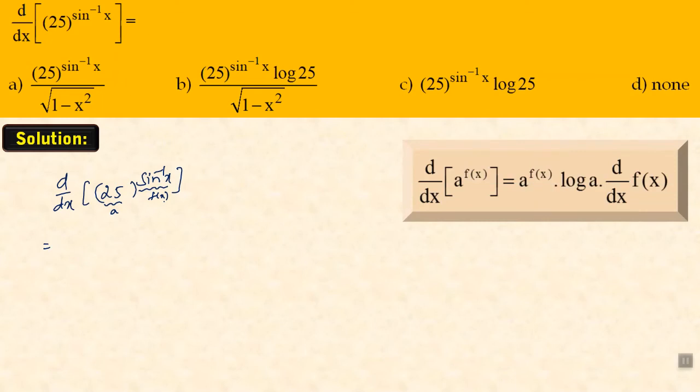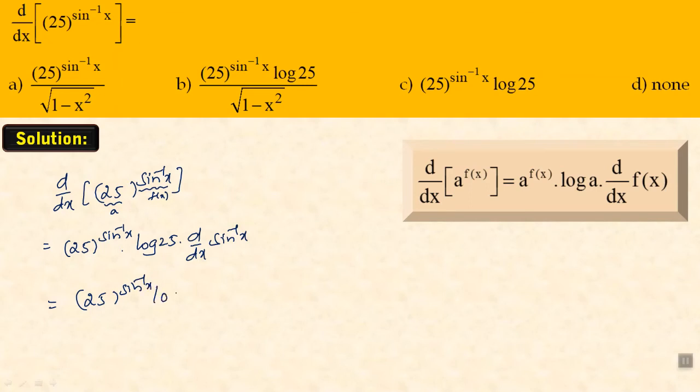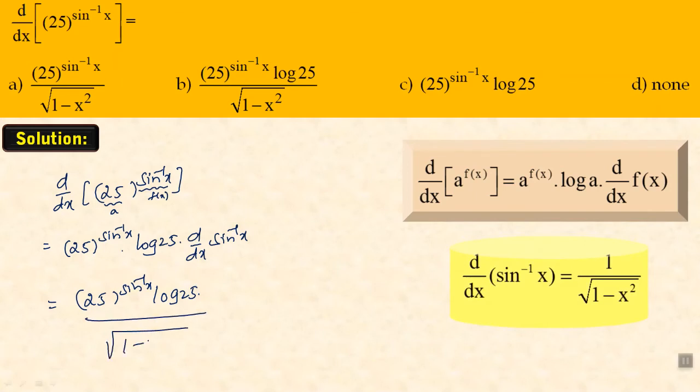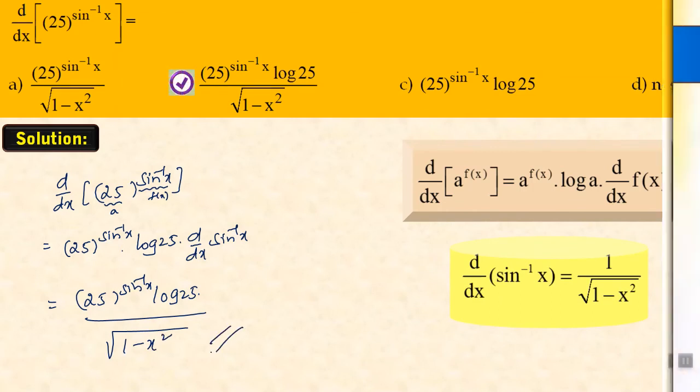D by dx of a power f of x is equals to a power f of x, that is 25 whole power sin inverse x, into log a, log a is here log 25, into d by dx of f of x, that is sin inverse x. This equals to 25 whole power sin inverse x into log 25, d by dx of sin inverse x is equals to 1 by square root of 1 minus x square. Therefore, the answer is option B.